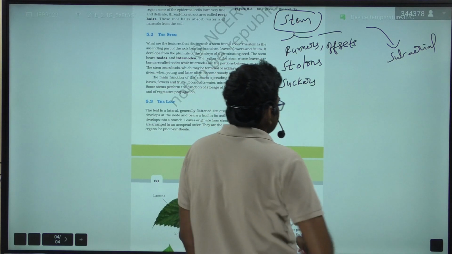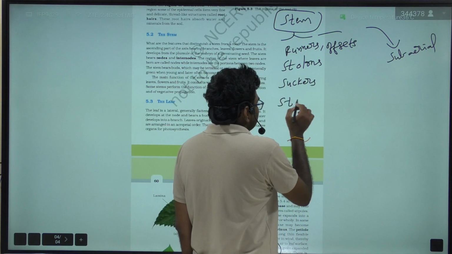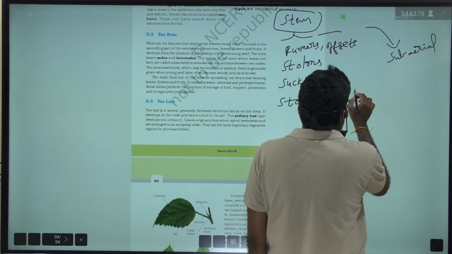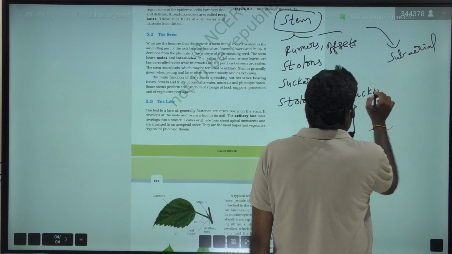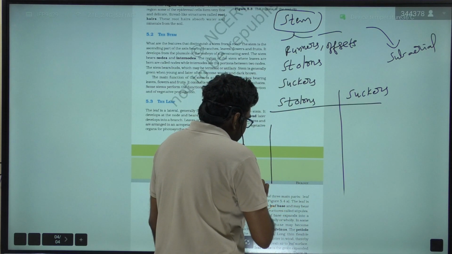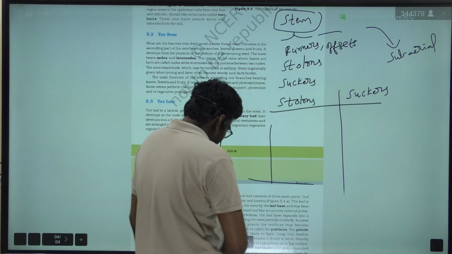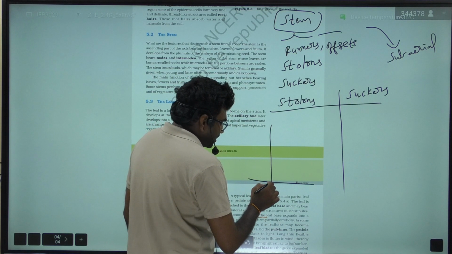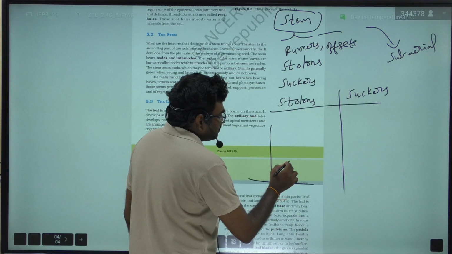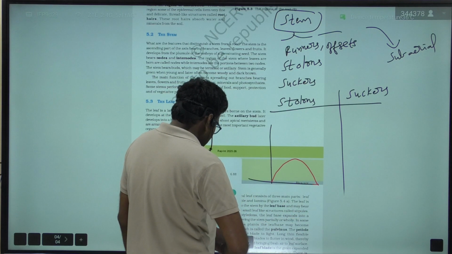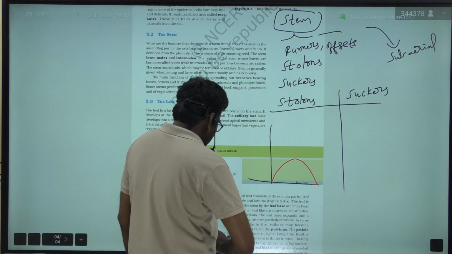Now let us talk about the stolons and suckers. Here the lateral branch of the stem grows aerially for some time and arches downwards to touch the soil, and develops into a new plant.